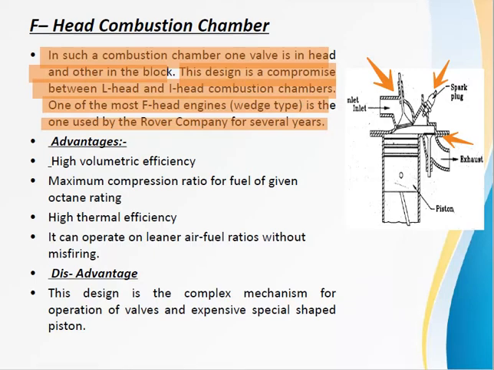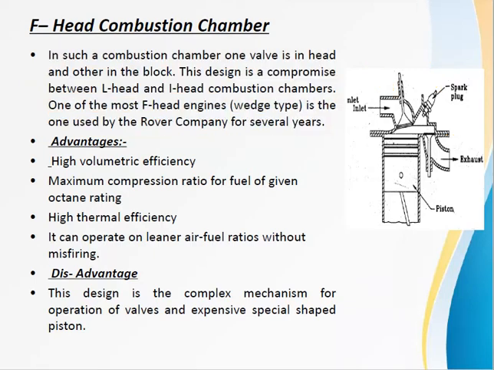Now let us go through the advantages of this type of combustion chamber. First is the high volumetric efficiency. It produces a higher volumetric efficiency because the passage of air is quite good here. The air charge comes in and goes out like this.